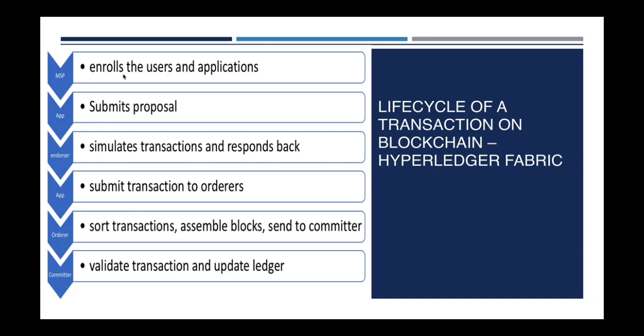So it starts with enrolling the users and application. So MSP, which is Membership Service Provider, is responsible for this. MSP provides the identities for all the entities in the application or in the system.